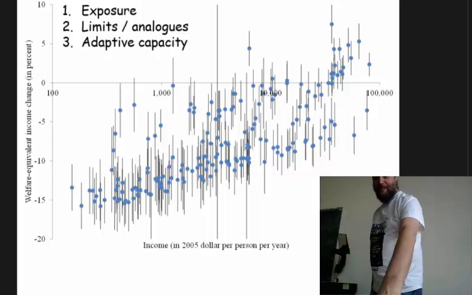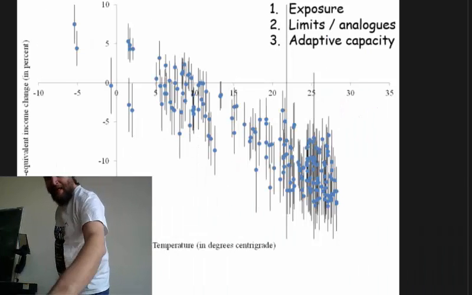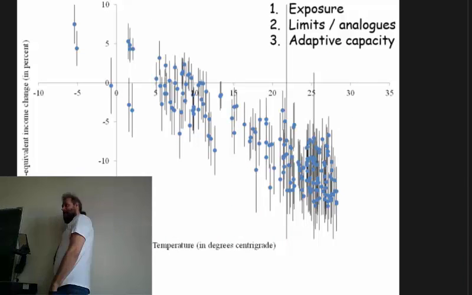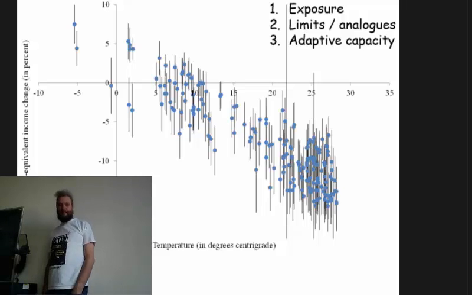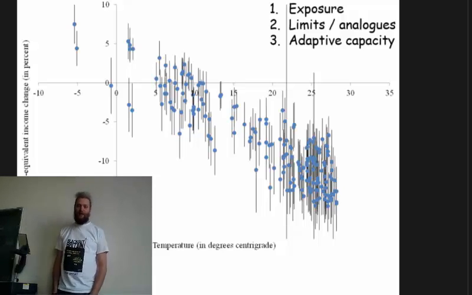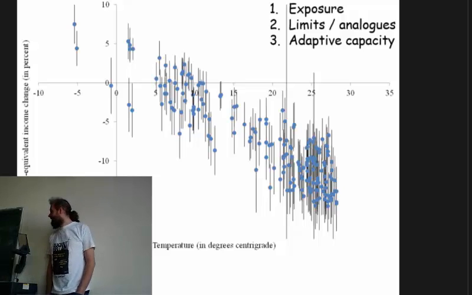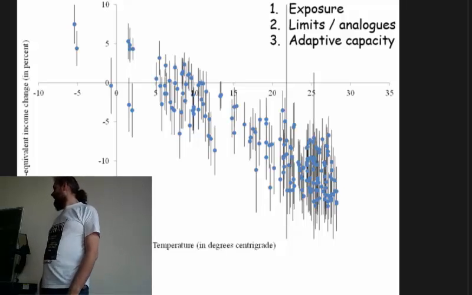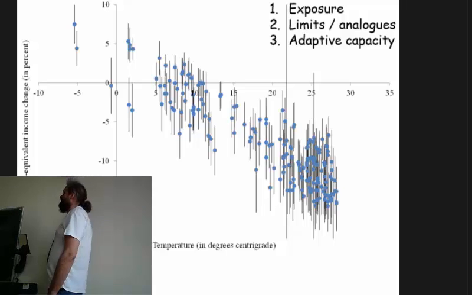The second reason is that poorer countries tend to be in hotter places. And I'll come back to that this afternoon, whether that's causal or not. But the simple fact is that poorer countries tend to be in hotter places, and that is what you see depicted on this graph.